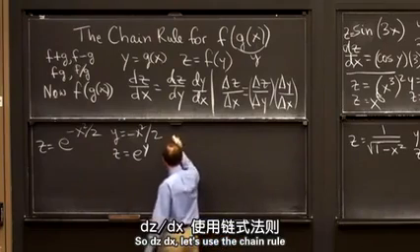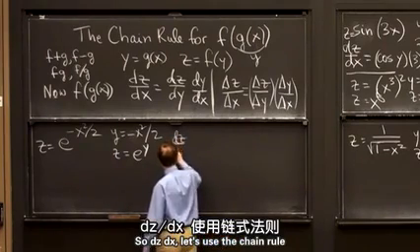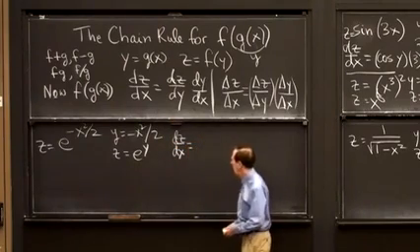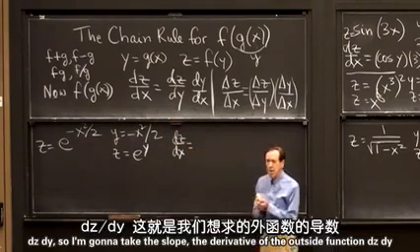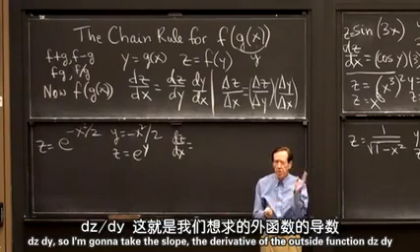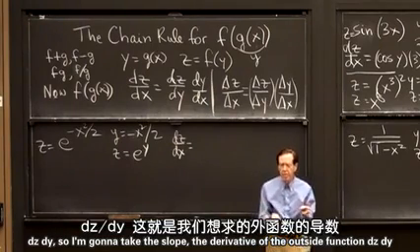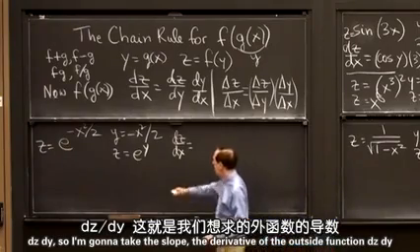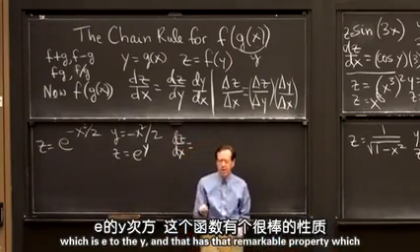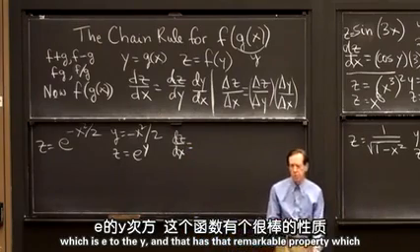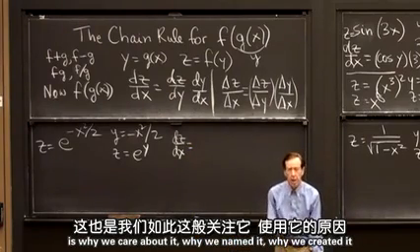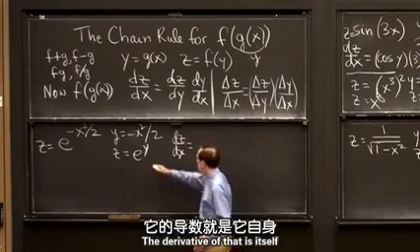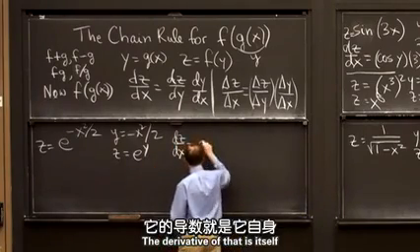So dz dx, let's use the chain rule. Again, it's sitting right above. dz dy: I'm going to take the slope, the derivative of the outside function, e to the y, and that has that remarkable property, which is why we care about it, why we named it, why we created it. The derivative of that is itself.